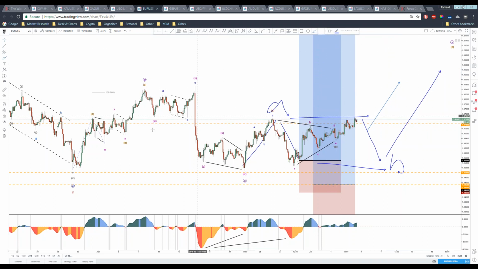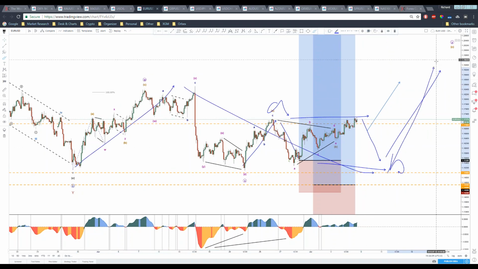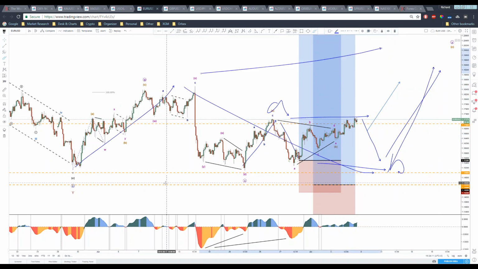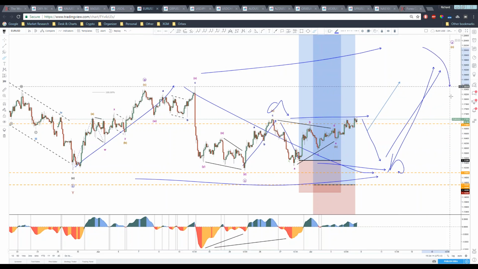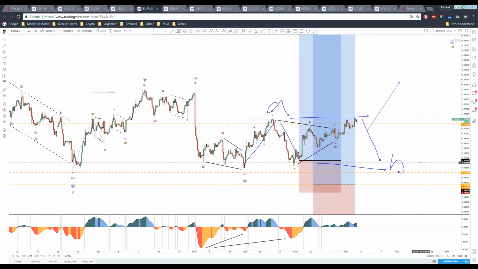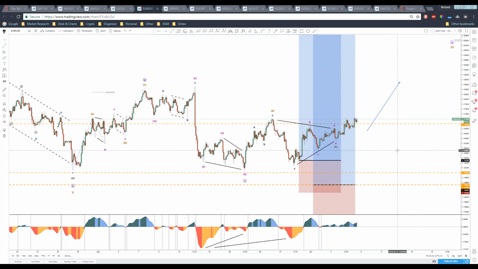If indeed the euro is supposed to complete a larger degree pattern and could be destined to fall even further, but technically speaking, there's not enough evidence right about now that it would continue that humongous bearish fall. It would need to correct, right?